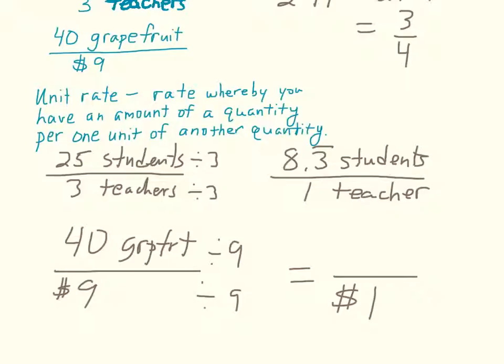Now 40 ninths is 40 over 9 equals 4 and 4 ninths, and that's going to be like 4.4 repeating grapefruit per $1.